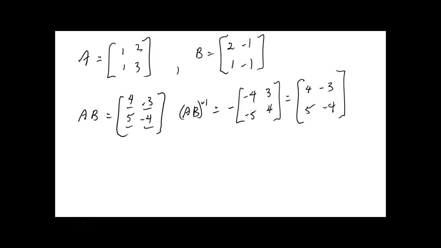Let's try some other things. Let's do A inverse. What would A inverse be? What would be the first thing you do to get A inverse? And what would that be? 1, okay.